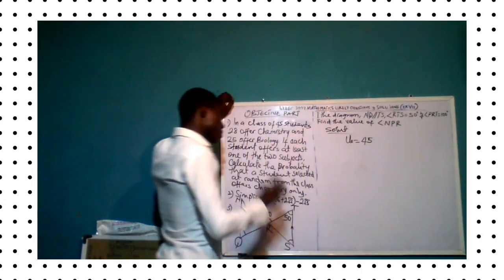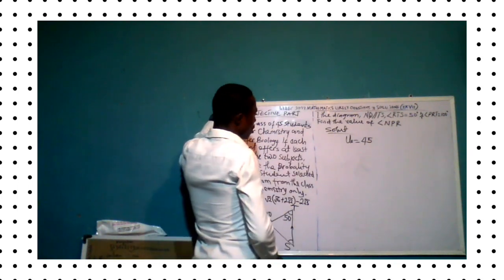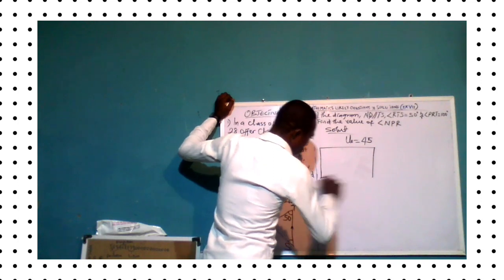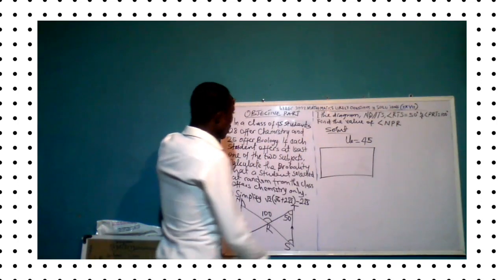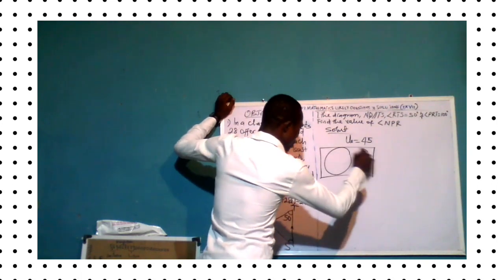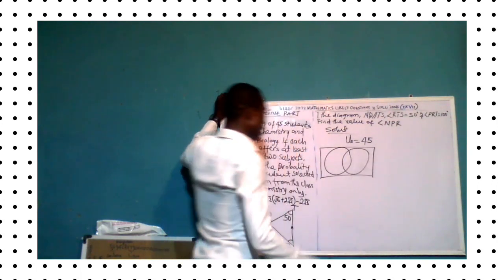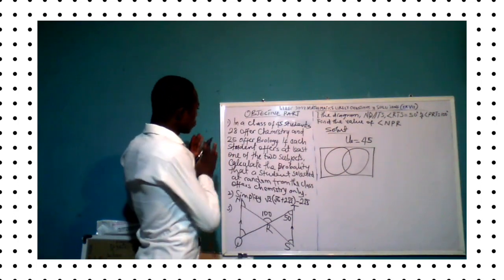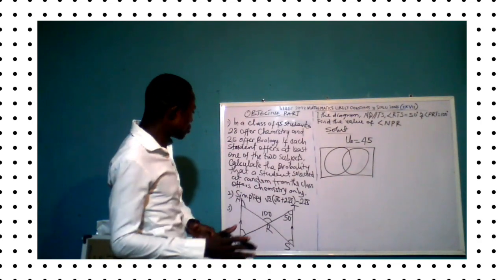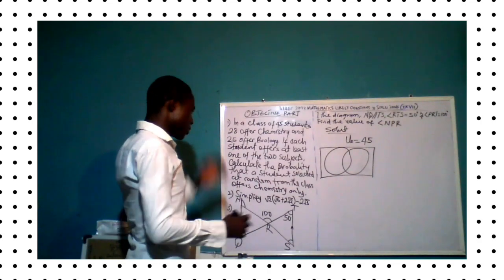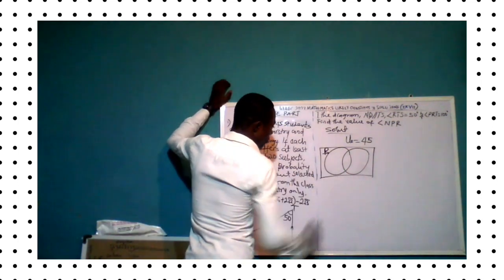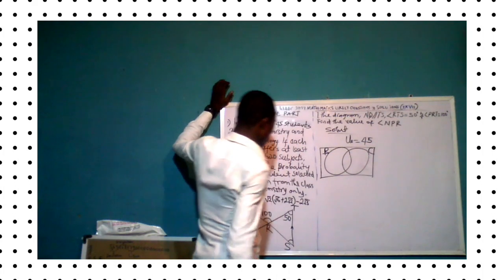This class contains 45 students, and if you go by drawing a Venn diagram, we actually have two circles because we are dealing with two sets of students: those that offer biology, those that offer chemistry, or both. So let B represent biology and C represent chemistry.